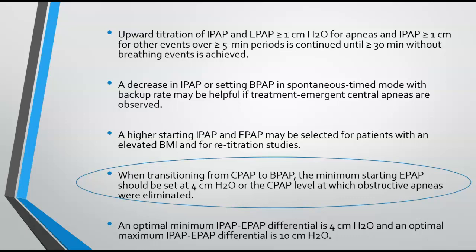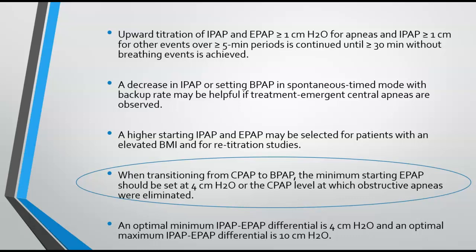The EPAP should be the pressure which abolished the obstructive apneas at the CPAP level. So in the case we discussed earlier, the CPAP titration study where the obstructions were under control with a CPAP of 10, if that patient were transitioning into bilevel, we will keep an EPAP of 10 to begin with, and then the IPAP at 15 or 16.